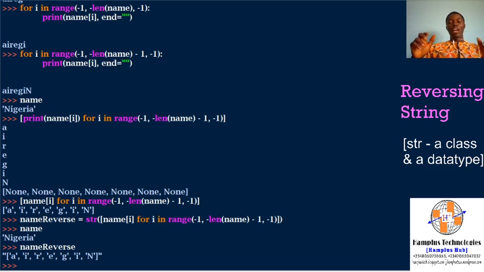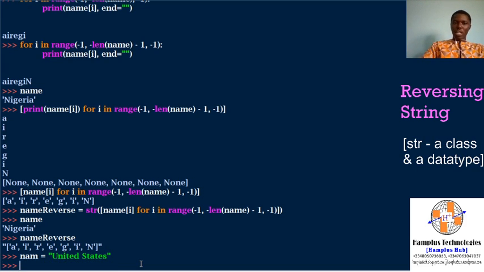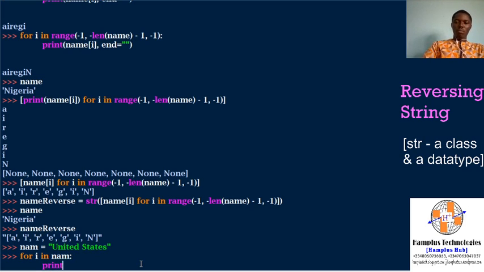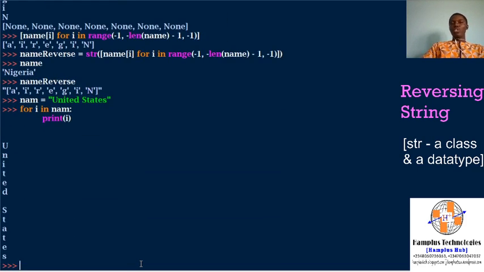If I have a name equal to United States and I want to print it not on a new line, for i in name, print i, it prints United States on new lines.